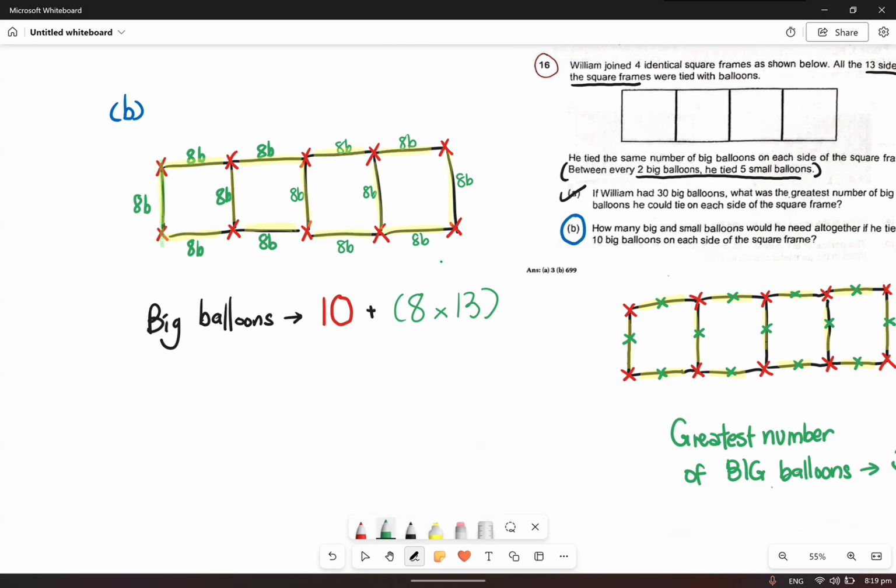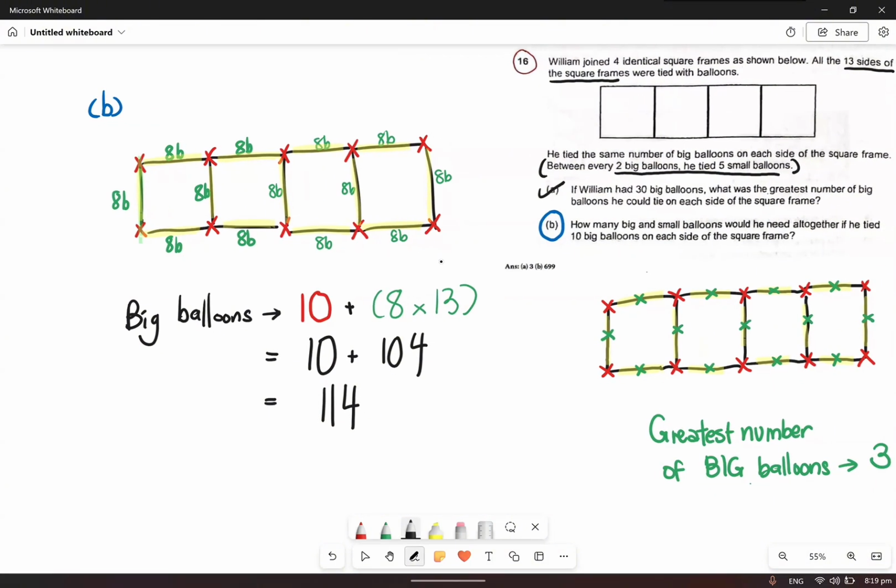Am I making sense? When you do this, you will get 10 plus 104. So 114 big balloons. But I'm not done because I have not included my small.